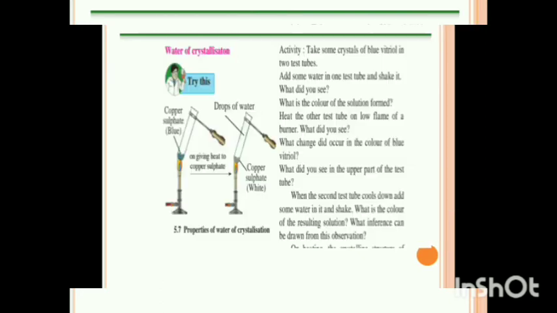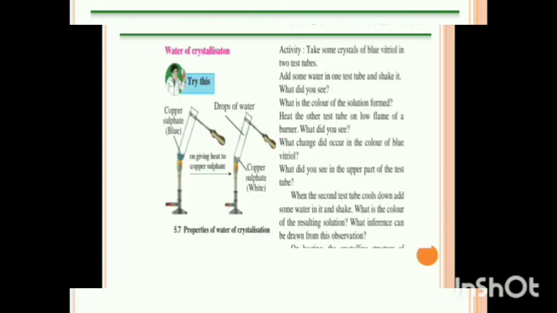Then add some water in 1 test tube and shake it. What did you see? You will see that blue vitriol will dissolve in water. And what is the color of the solution formed? You will observe that a blue color solution is formed.